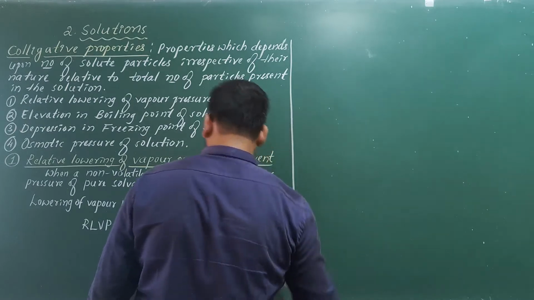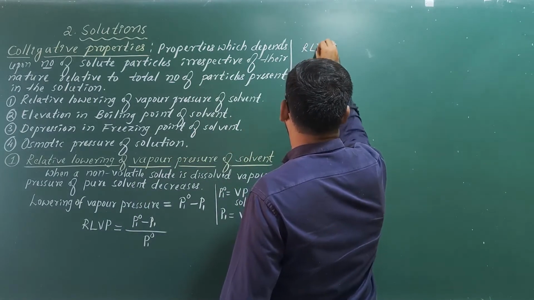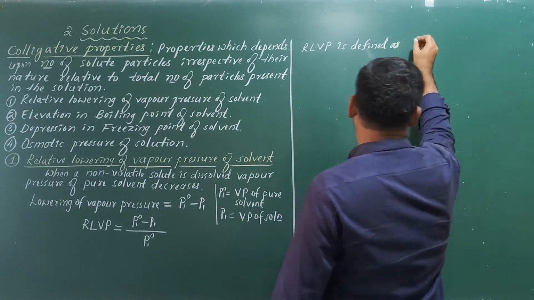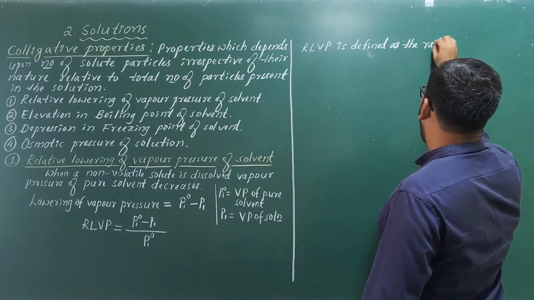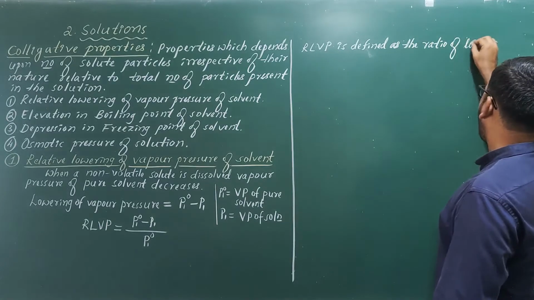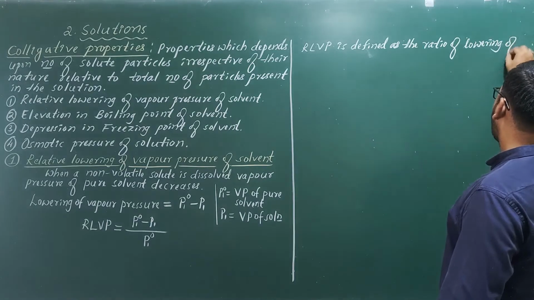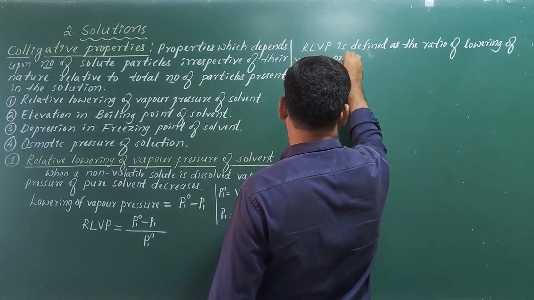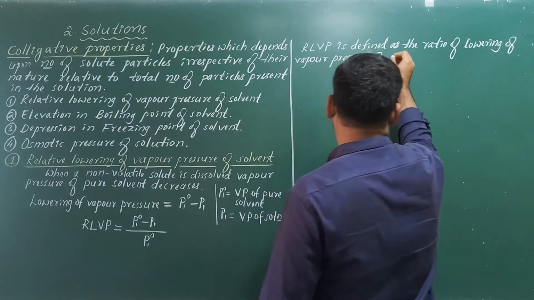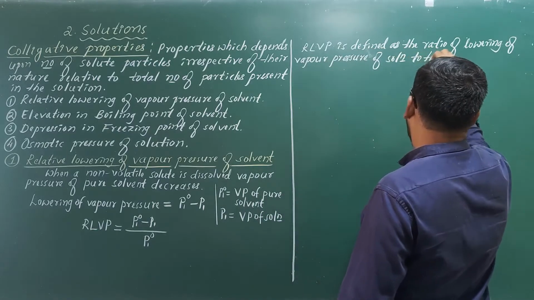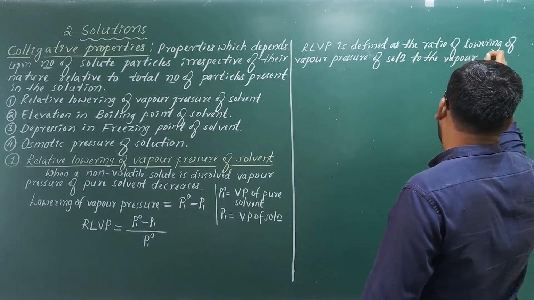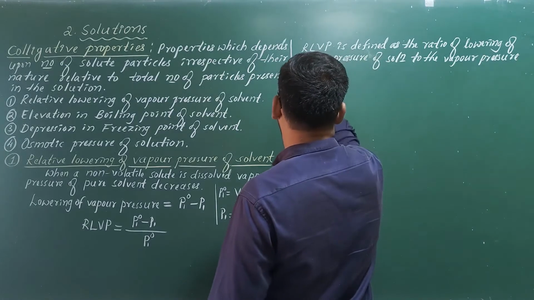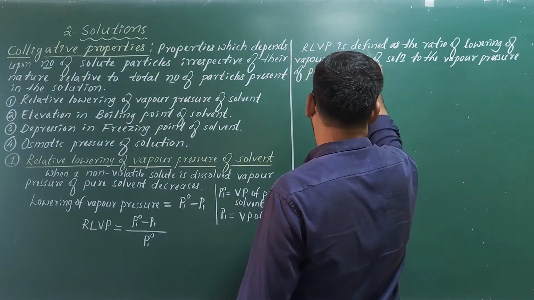So I will write the definition here. Relative lowering of vapor pressure is defined as the ratio of lowering of vapor pressure of solution to the vapor pressure of pure solvent.